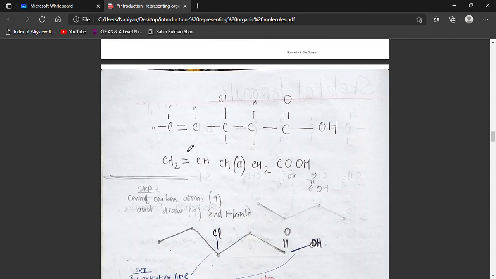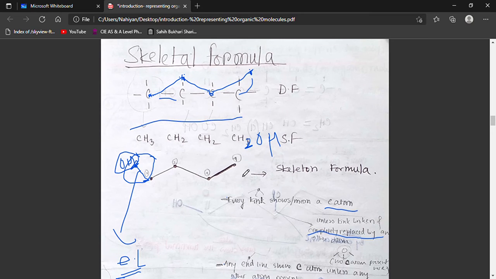So you put an extended line and that corner doesn't represent any carbon. For instance, to show that an OH is connected to this carbon, I have to write an OH and extend the line from this carbon.